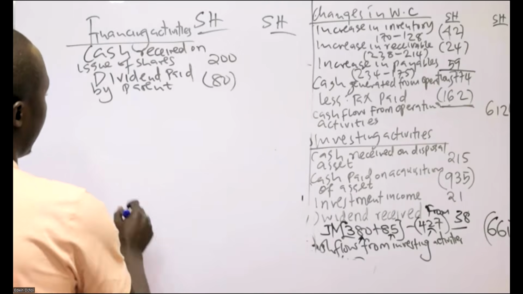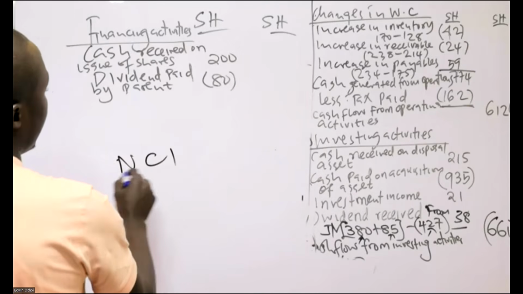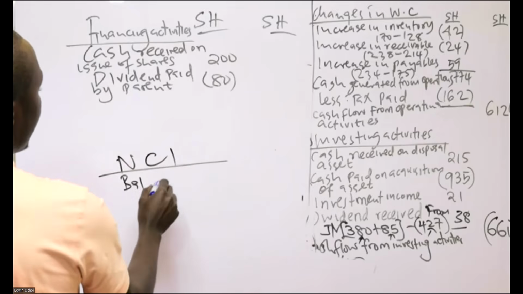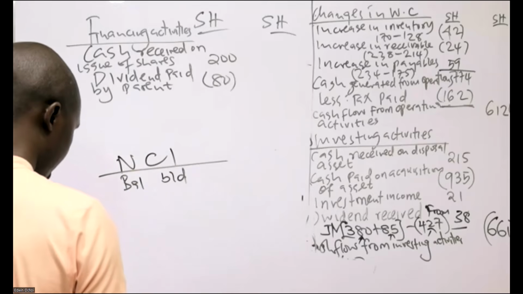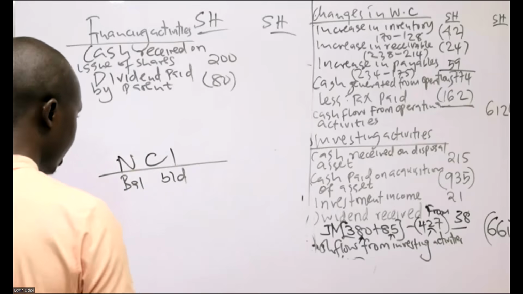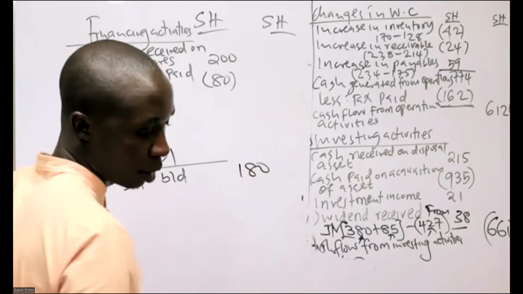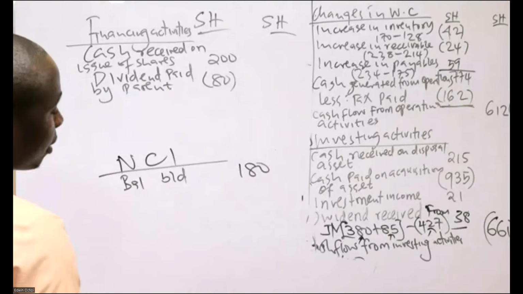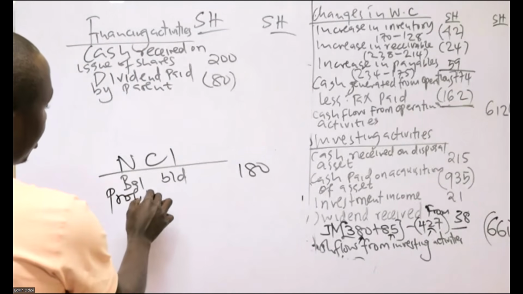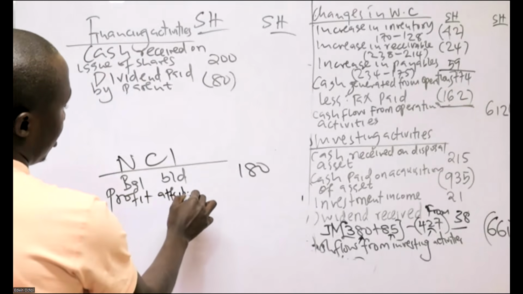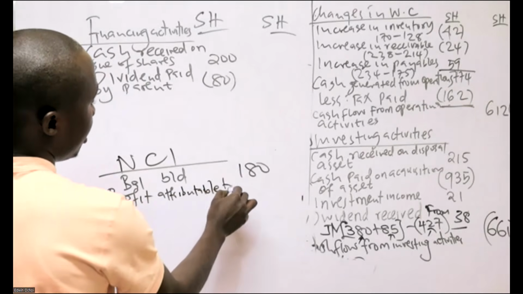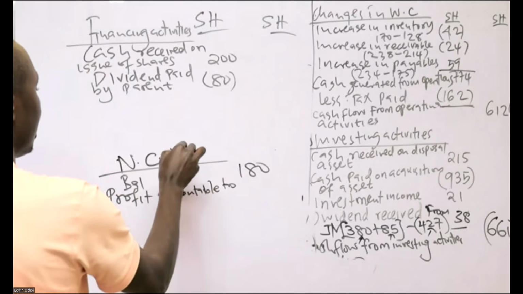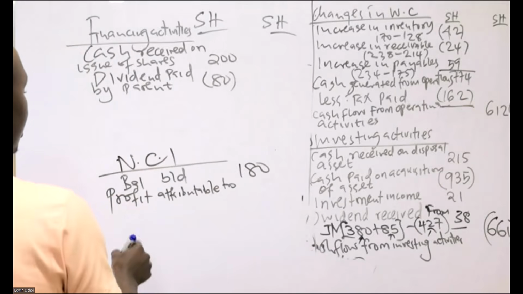So the next thing is all about NCI. So the NCI, the balance brought down, non-controlling interest, is 180. Profit attributable to NCI. NCI is minority shareholders, the non-controlling interest.